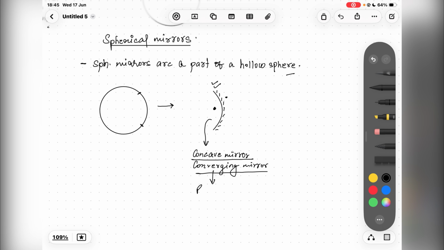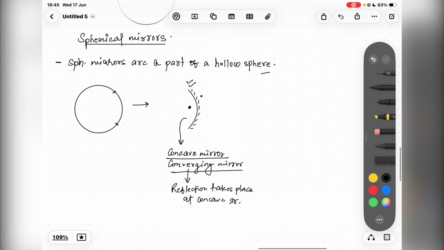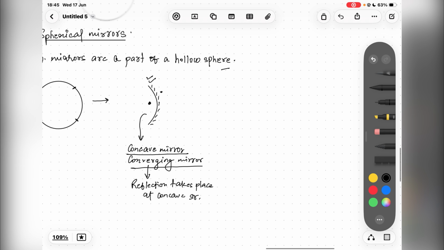because reflection takes place at the concave surface. The same piece I take and I polish the concave side, then reflection will take place at the convex side.